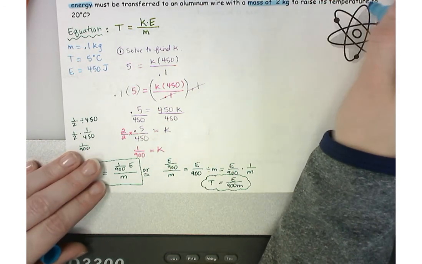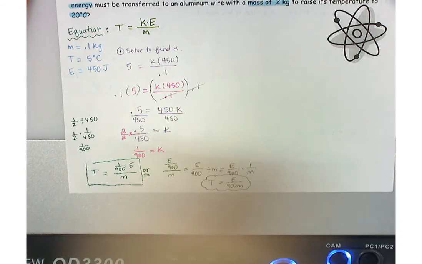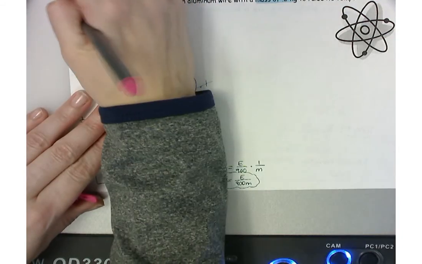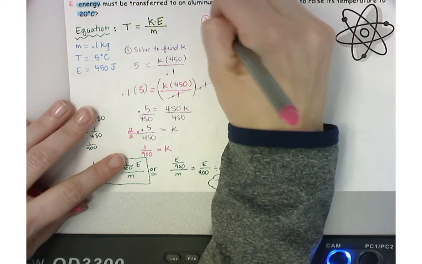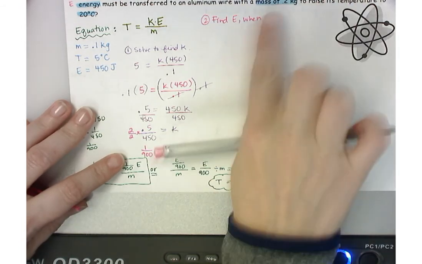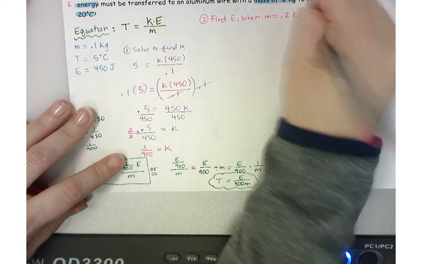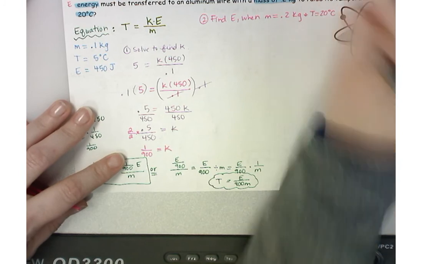So I'd have 20 equals 1 over 900 times E divided by 0.2. Okay, so the first thing I do is move over the denominator, which is multiplying by 0.2. For 20 times 0.2, again, you can just think of this as 2 times 20, which you know is 40. Now, how many places did I move the decimal? 1.